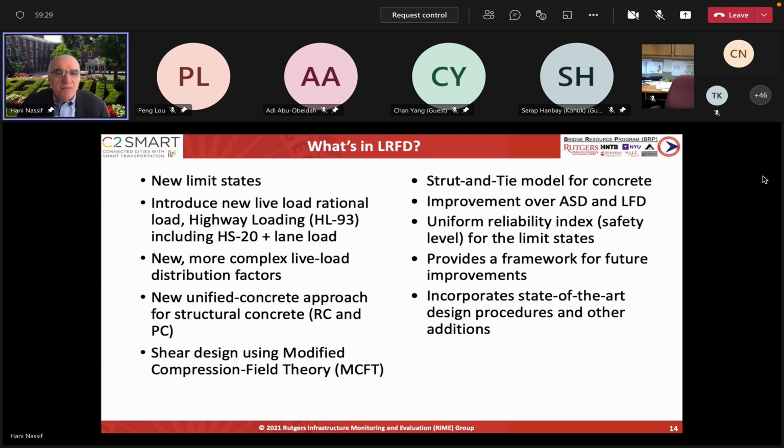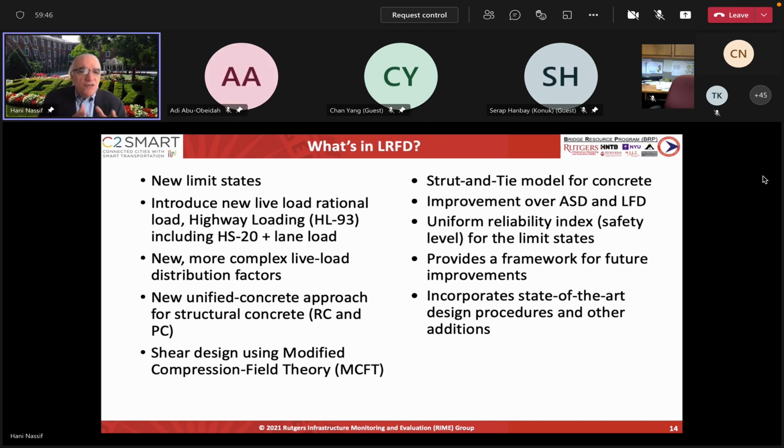So before NCHRP 12-33, which is the project that did the development of the specs, there was a project 12-26. The company named Imbsen and Associates, and his team, Zokaie, worked on that, and they developed distribution factors, but they were mainly based on finite element.